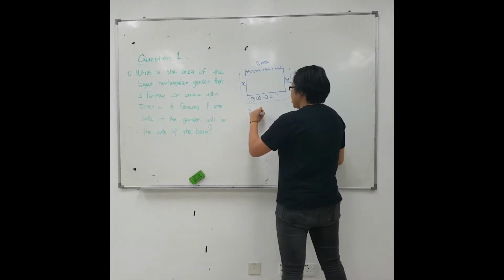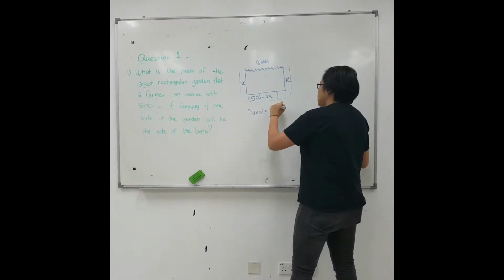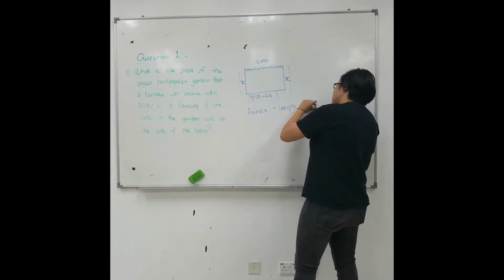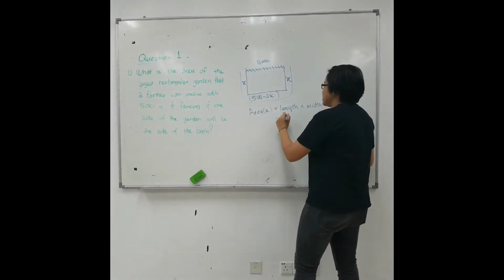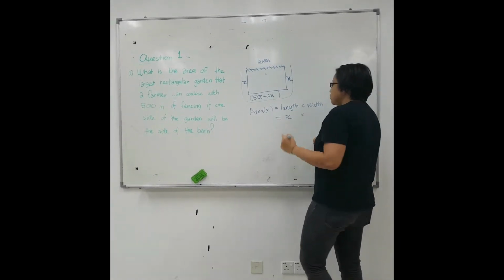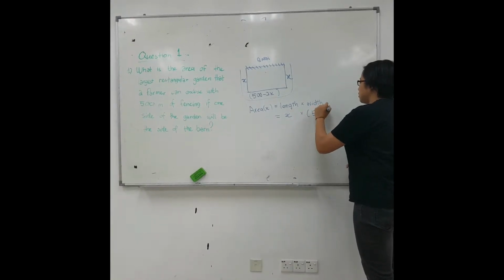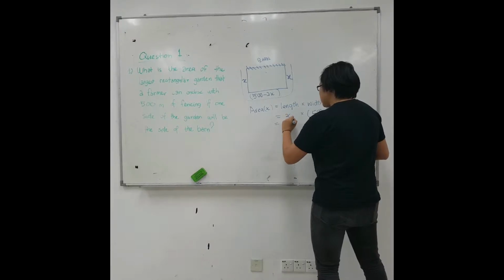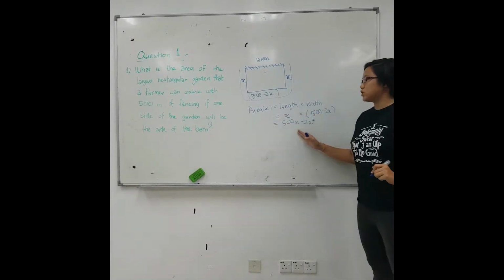So area of x, let's call this area of x, will be length times width. So what's your length? Your length is x times what's your width? 500 minus 2x. Which makes this 500x minus 2x squared.